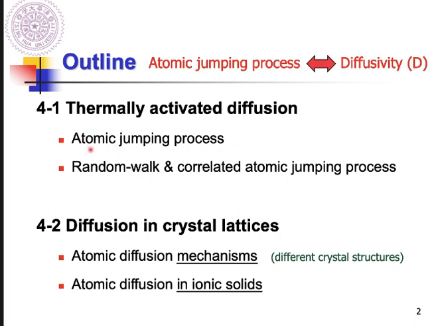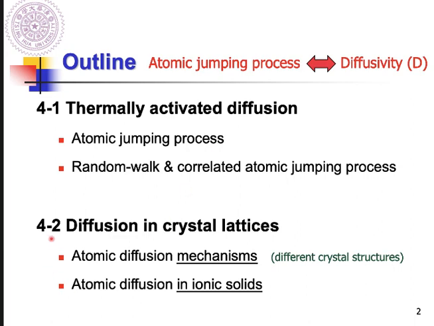In this part, we are going to show you what the atomic jumping process is in your materials, and also introduce the random walk and the correlated atomic jumping process. What are the differences between the random walk and correlated atomic jumping process? So you have some idea regarding the atomic jumping process, right?